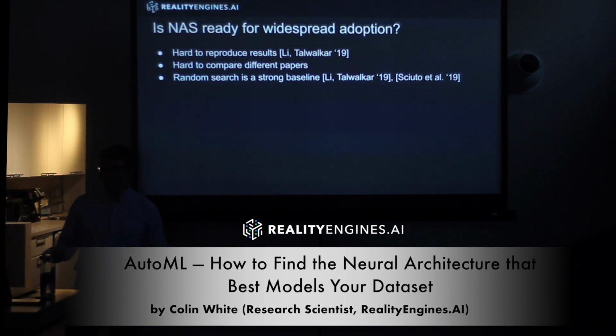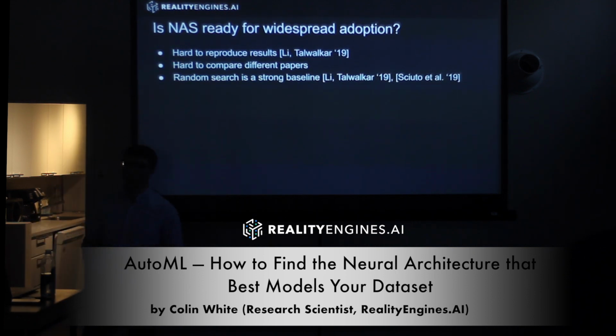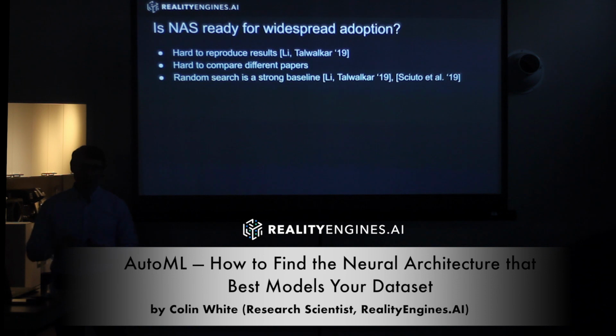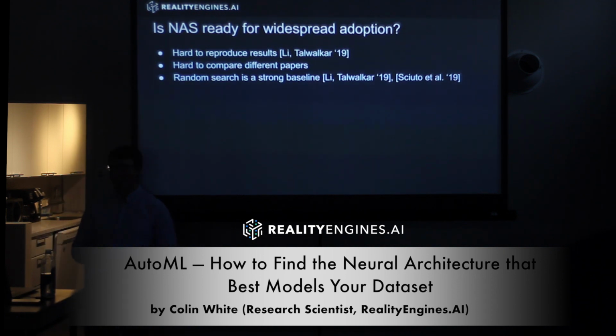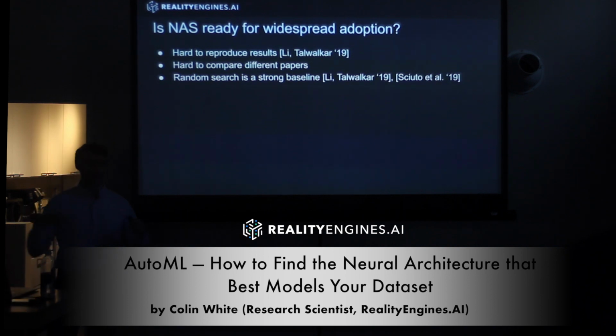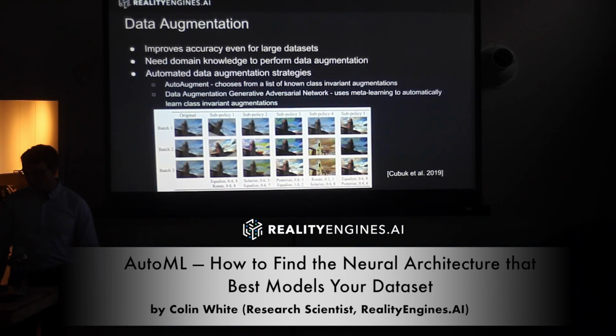There are some results from earlier this year that looked at recent research and found that just doing random search is already a pretty good baseline for certain search spaces. So there's definitely some progress, but we need to make sure we're doing a comprehensive, fair comparison. So now in my last few minutes, I'm going to talk about automated data augmentation.